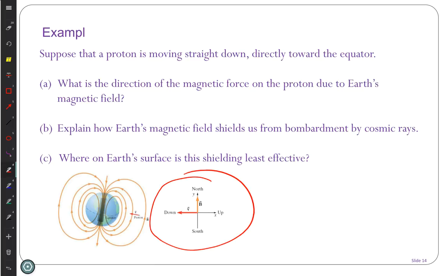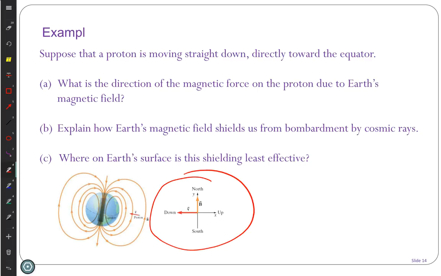Perpendicular to both, so south. No, it's in. You've got to keep your thumb pointing out this way, not bending it like this. Bring it around so you can read. Yeah, there you go. Okay, so it's going into this, which is to the east.